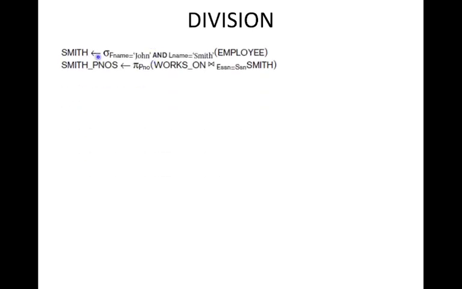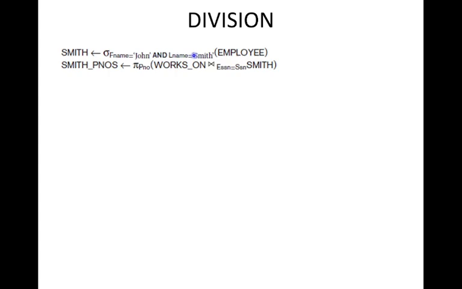So we can simply specify it like this. We will first select the employees based on this condition: first name John and last name Smith. So we will get the employee John Smith.